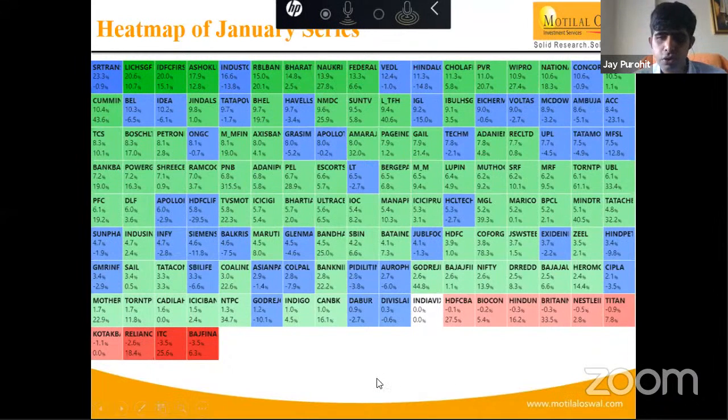Now, one stock like Britannia, which was down, also has a very high open interest build-up. The open interest increased by around 33.5% in the January series, and the price was also coming down.